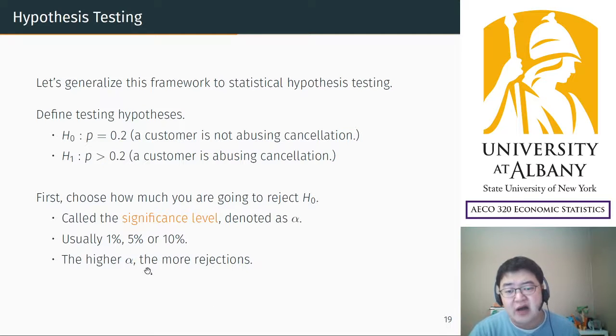So the higher alpha is, the more rejections. You believe that a customer is not abusing, but when you reject that belief, it means that now you believe that customer is an abuser, right?